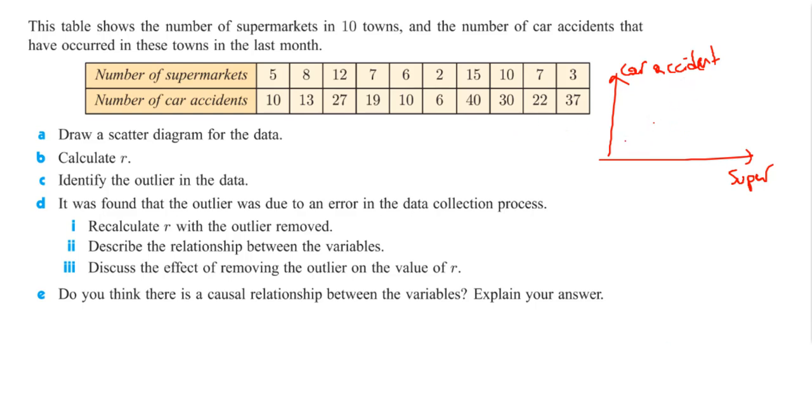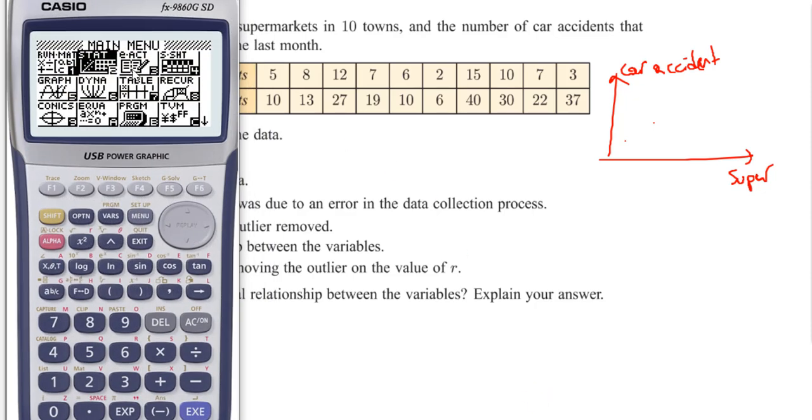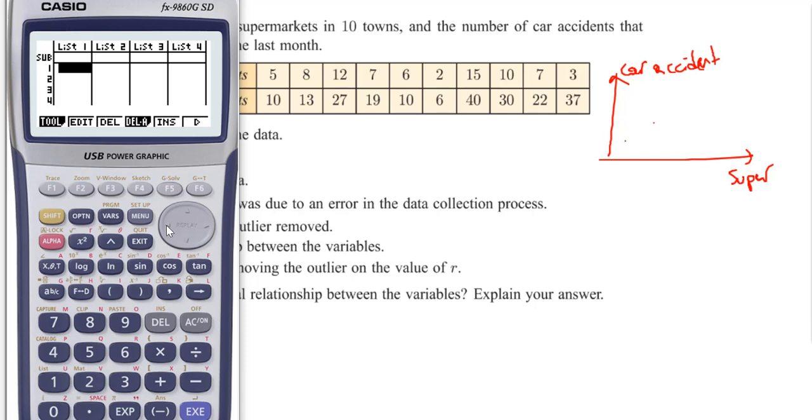Here we can do the same with the calculator. We go to statistics, then as you can see, in the list I need to input the numbers. Let's put the numbers. Number of supermarkets: 5, 8, 12, 7, 6, 2, 6, 2, 15, 10, 3.